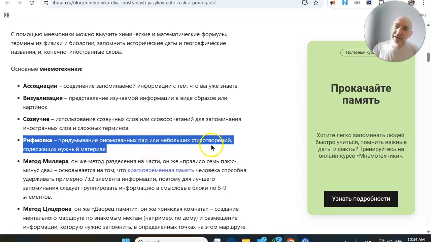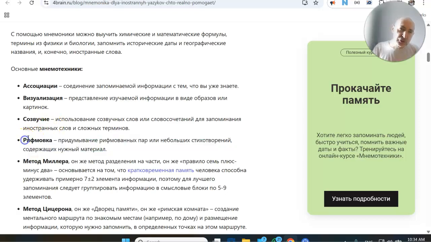Или небольших стихотворений. Небольших means small, little, not big, and стихотворение means a poem. So небольших стихотворений would mean little poems. Содержащих means including, нужный материал, the needed material. So now look how it all works together.